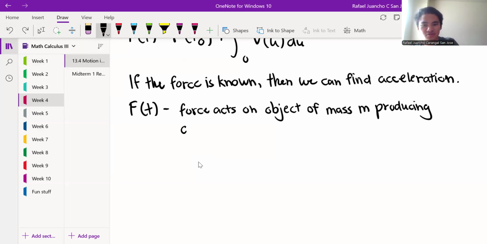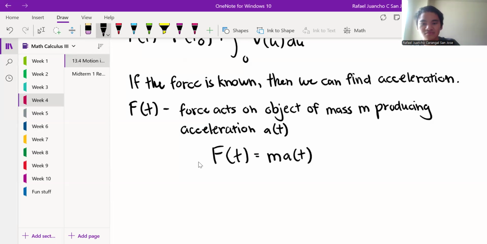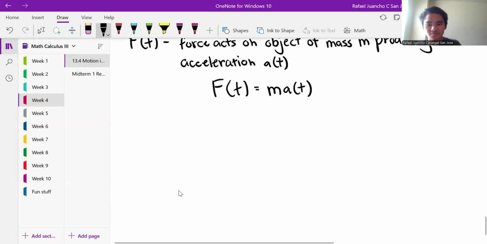Okay, let me write it here. And this acceleration also varies as time goes by and based on its force. And so from here, we basically have this formula. F of t is m of a of t, right?